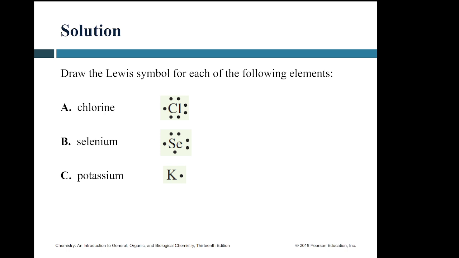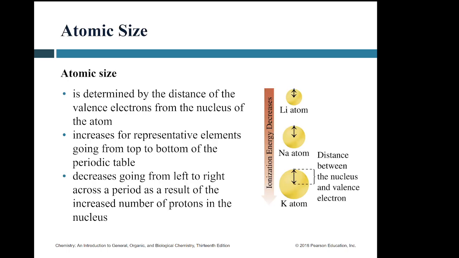No? Okay, fantastic. Let's talk about atomic size. This is determined by the distance of the valence electrons from the nucleus of the atom. It increases for the representative elements as we go from the top to the bottom of the periodic table. Those are your biggest increases as you get more and more space added because you're in a lower and lower period.